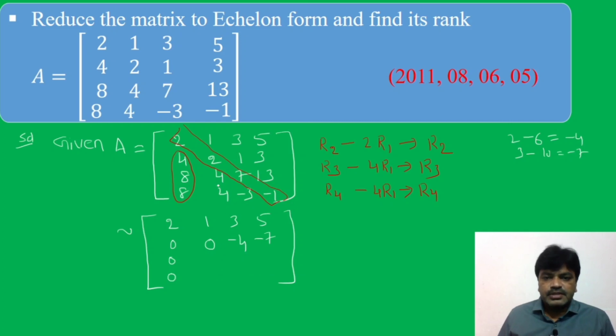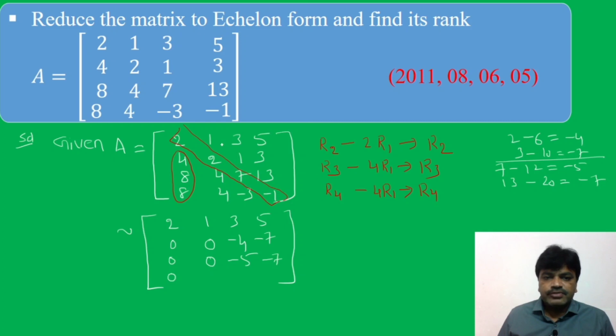And third row, friends, R3 minus 4R1, so this element is 0. R3: 7 minus 4R1, 12, we get here minus 5. Then 13 minus 20, and we get here minus 7.